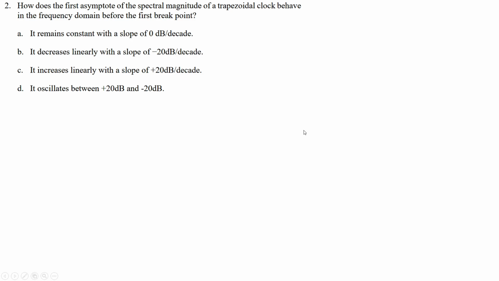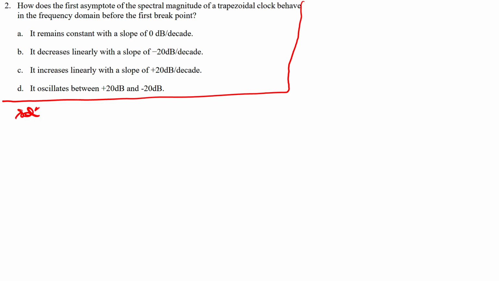In question number 2, how does the first asymptote of the spectral magnitude of a trapezoidal clock behave in the frequency domain before the first breakpoint? Okay, so what it is asking us is how the first asymptote of the spectral magnitude of a trapezoidal clock behaves in the frequency domain before the breakpoint.